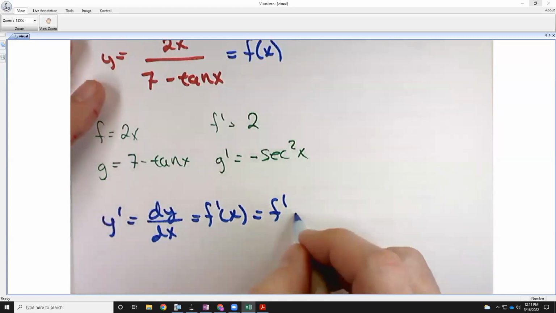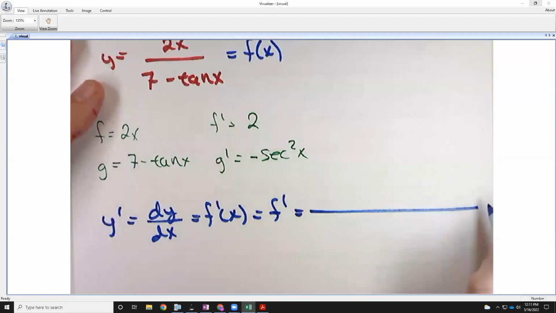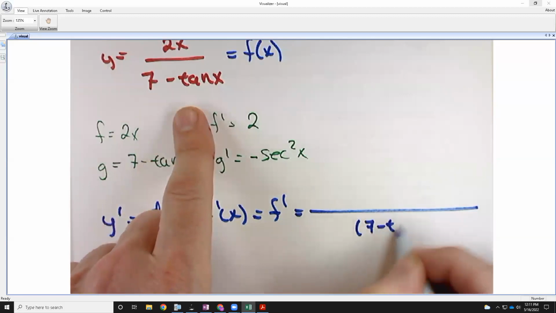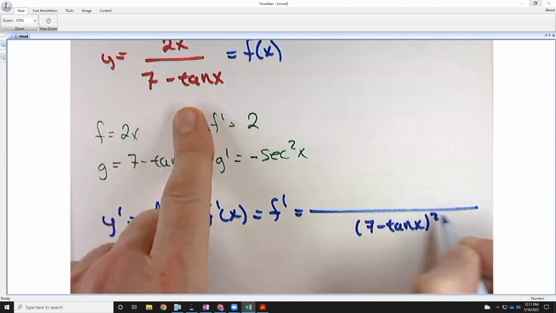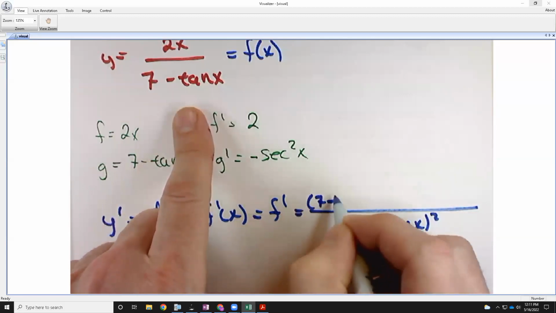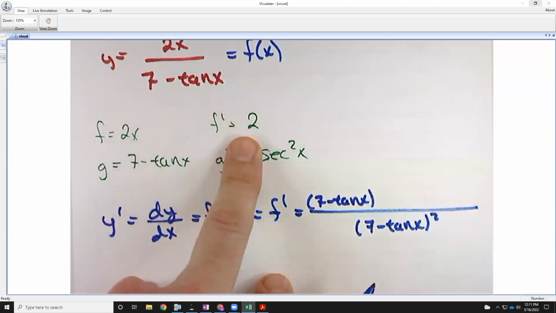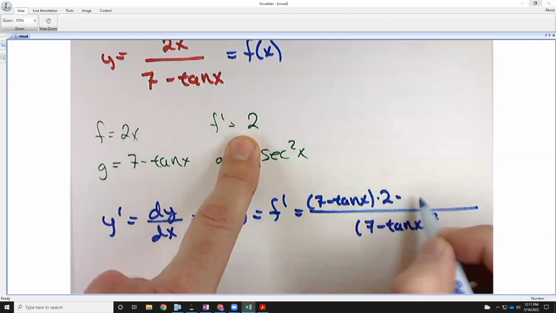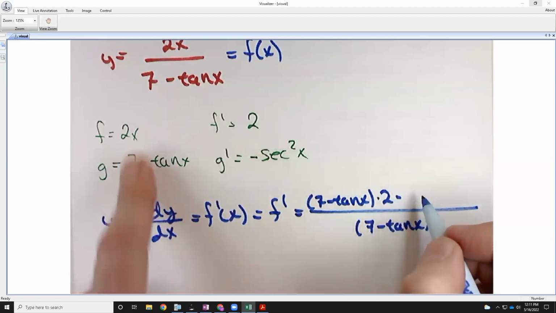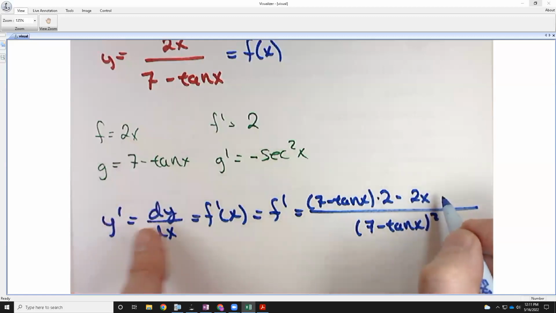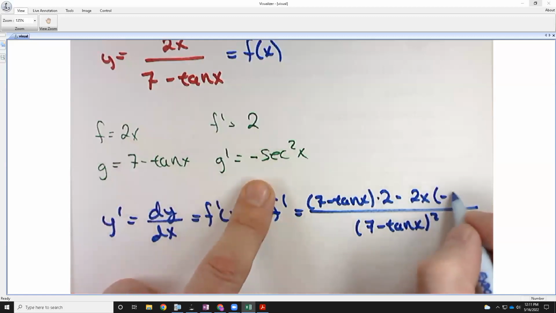So all of that is going to start out with the square of the denominator, so 7 minus tangent of x squared, and then the denominator times the derivative of the numerator, times 2, minus the numerator times the derivative of the denominator, which is going to be minus secant squared of x.